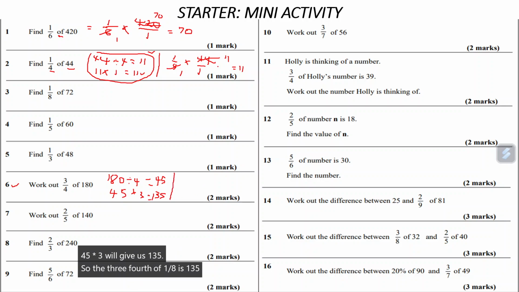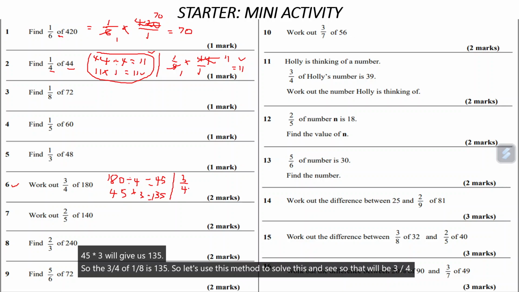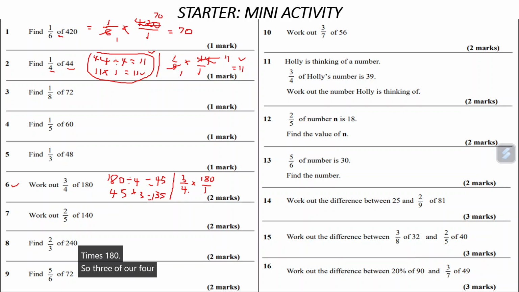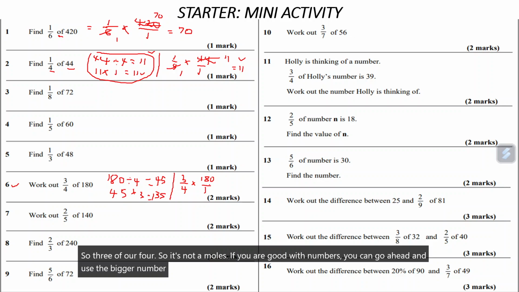So let's use the other method to solve this and see. That will be 3/4 times 180. It's not a must. If you are good with numbers, you can go ahead and use the bigger number. But if you are not good, I will encourage you to break it down.